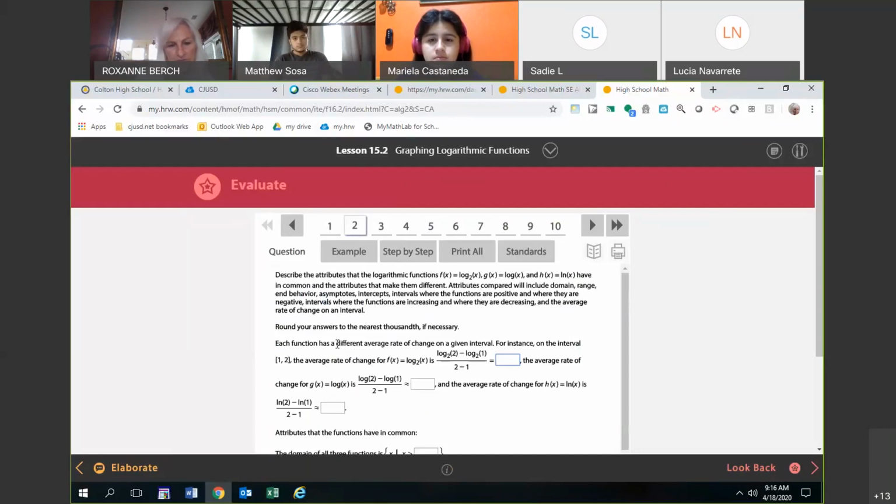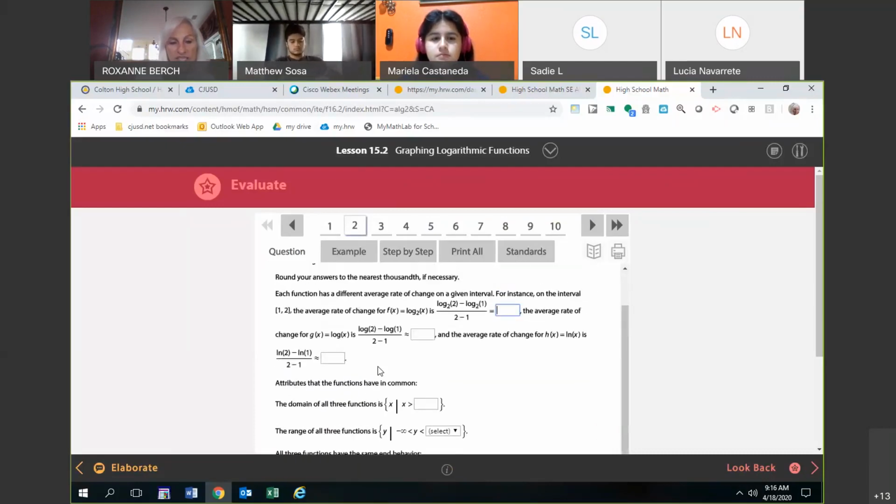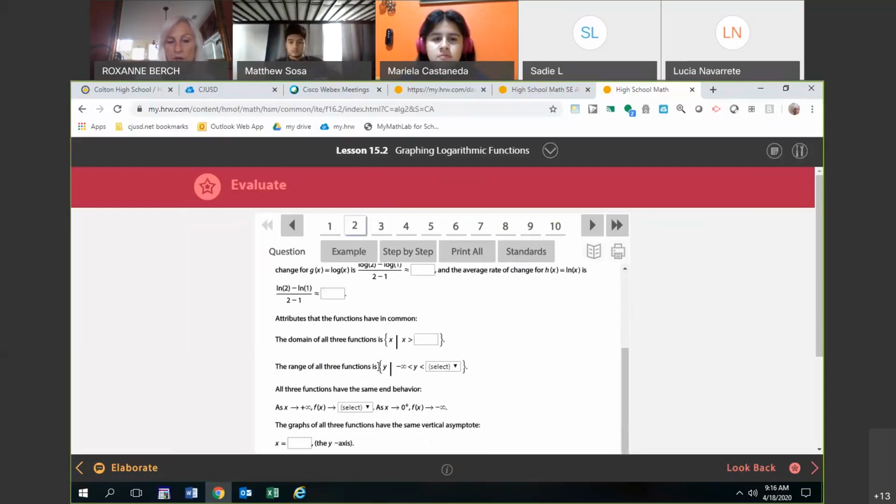Average rate of change. I did not include this problem. Okay, I'm not interested if you can find the slope right now. I just want to know, do you understand the concepts in this lesson? So once again, they're using set notation. You should know how to do this, but I didn't include this on the exam. Let's go to number 3.